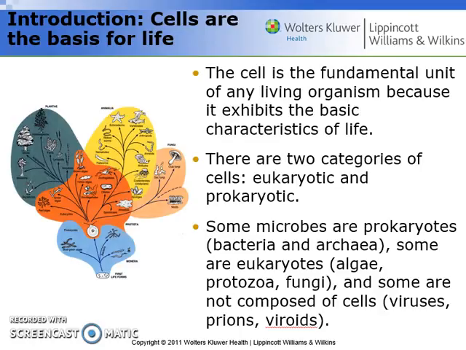Many microorganisms are going to be considered prokaryotic organisms, which means they consist of cells that do not have what we believe to be a true nucleus, which is genetic material surrounded by a nuclear membrane. And the groups of organisms that fall in this category are going to be bacteria and the archaea group. And the archaea group are organisms, if you recall from chapter 1, that reside in very extreme environments.